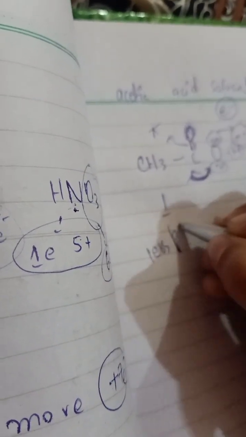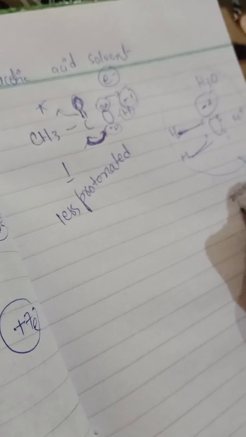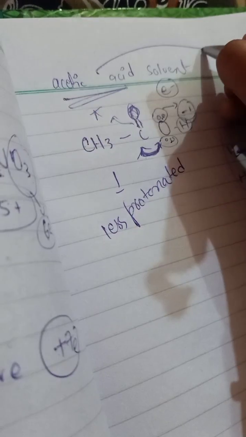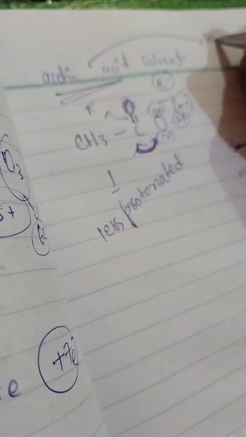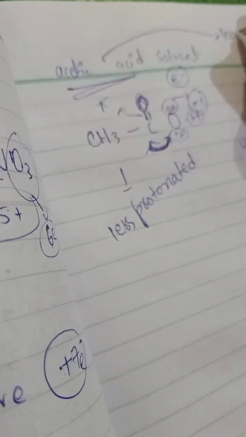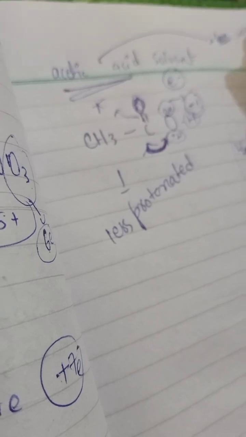So we call this less protonated, because it is sharing 1 electron, whereas water shares 2 electrons, so water is more protonated. So this acetic acid is basically less strong, weaker than H2O.